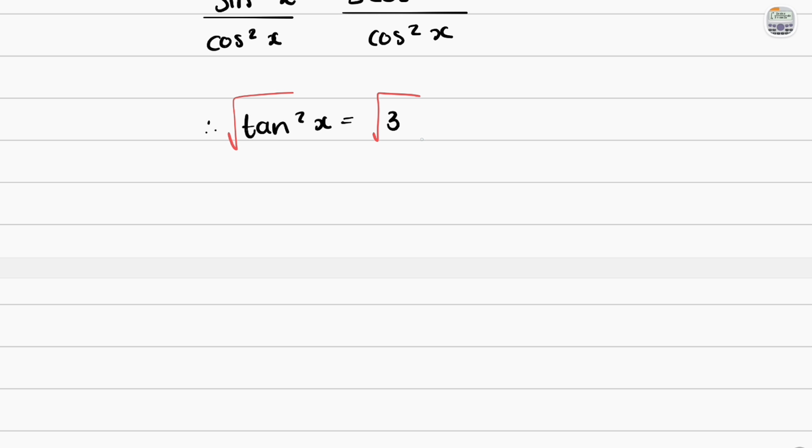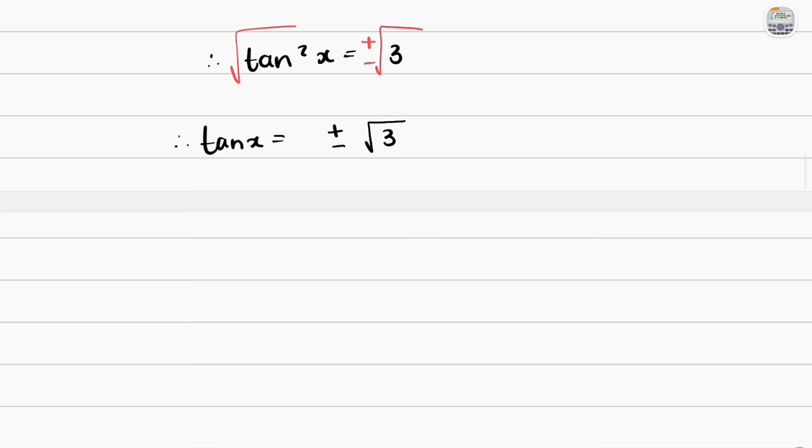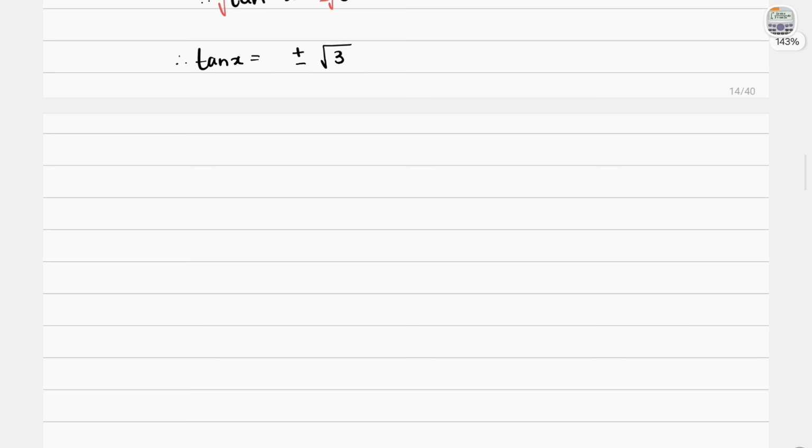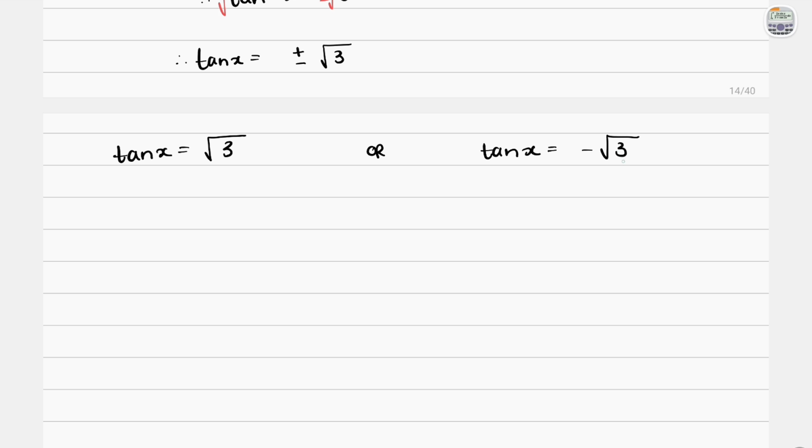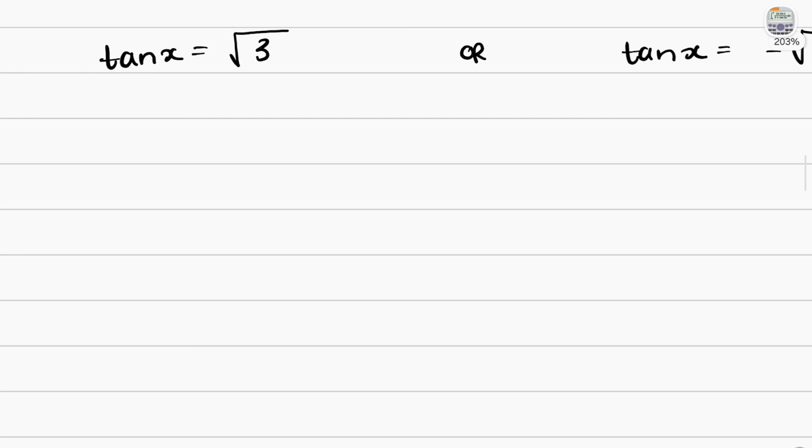But this is an equation, so you need to consider the positive and the negative solution, meaning tan x is equal to positive or negative square root 3. So these are two equations that we have. We have tan x is equal to the square root of 3, or tan x is equal to negative root 3.